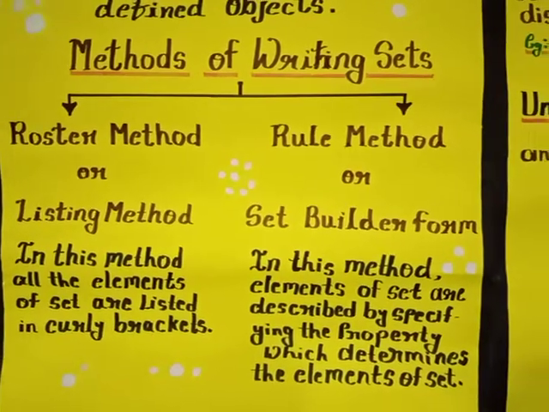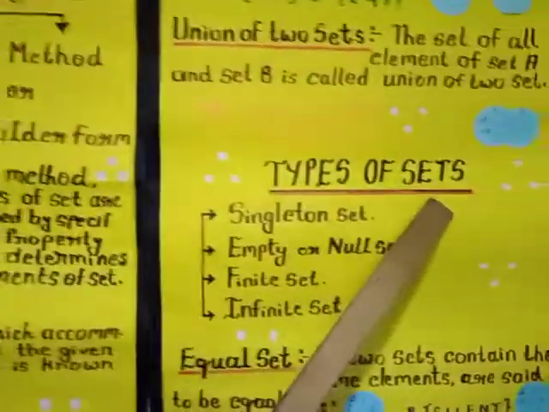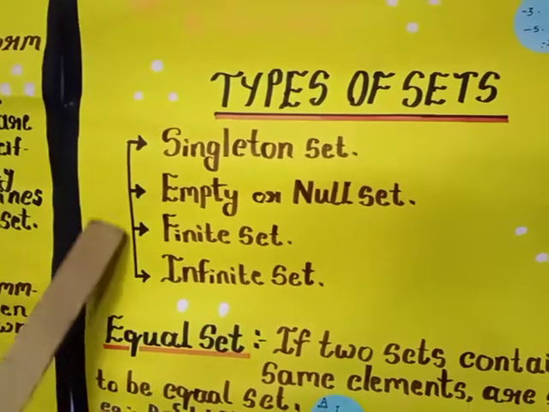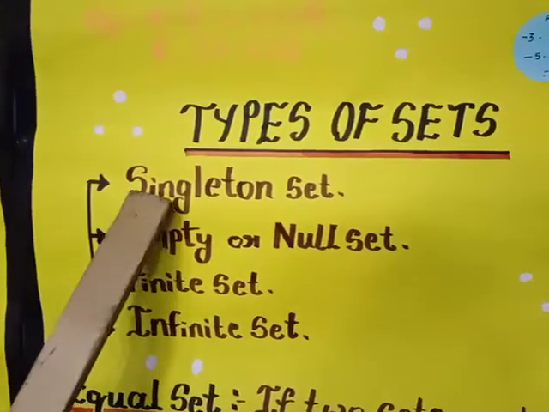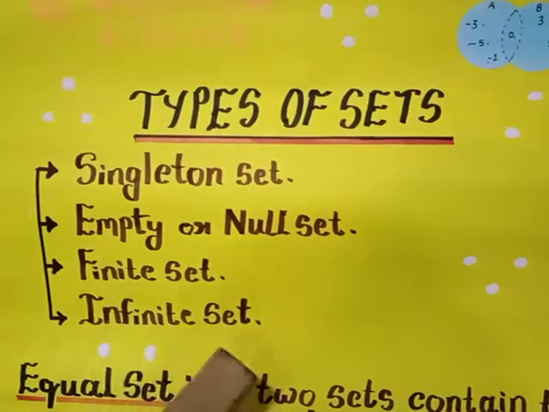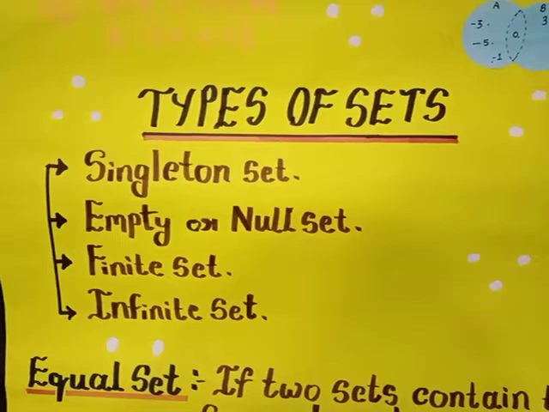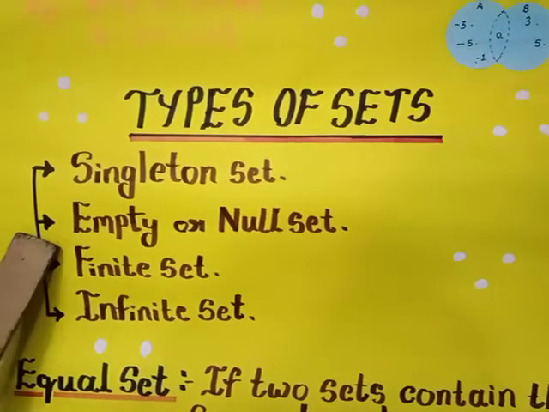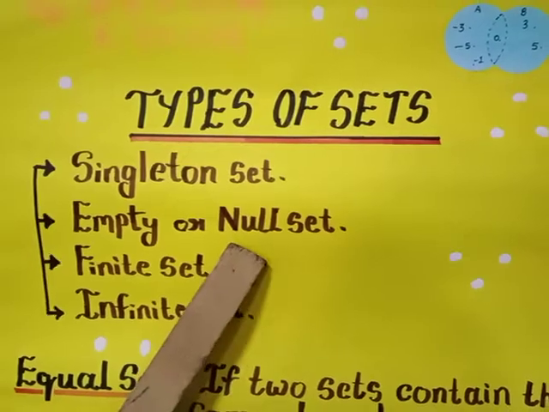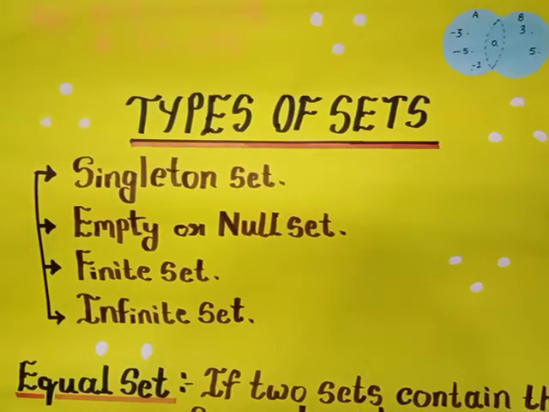After that, we learned types of sets. In types of sets, we learned four main types. What are they? A singleton set is a set in which we have only one element. The second one is the empty or null set, a set in which we don't have any element.